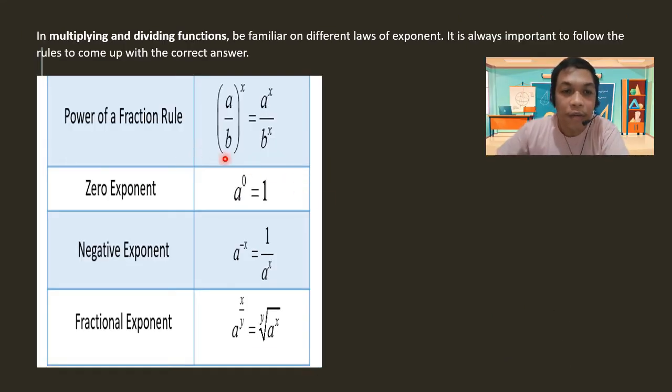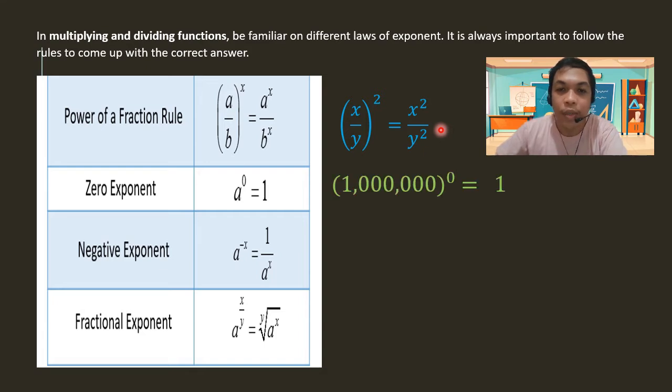Okay, for power of a fraction rule, we have quantity a over b raised to x. That is also equivalent to a raised to x divided by b raised to x. For example, we have quantity x over y raised to 2. So it will become x squared divided by y squared.